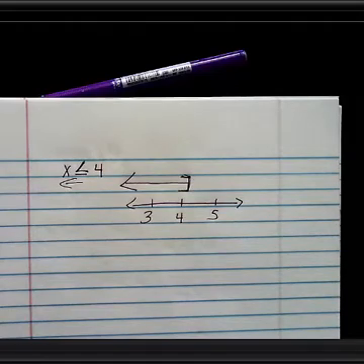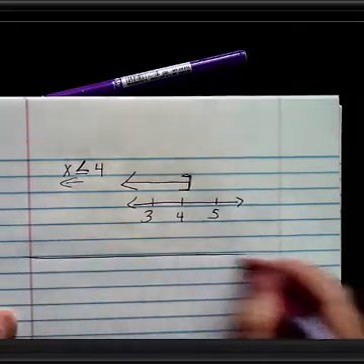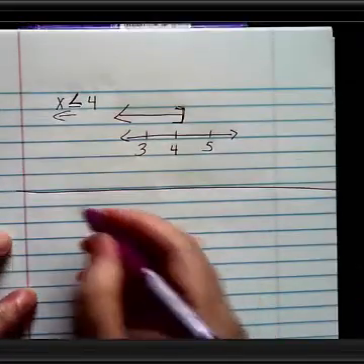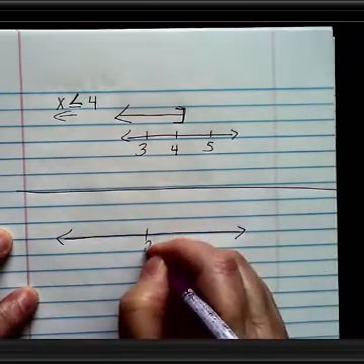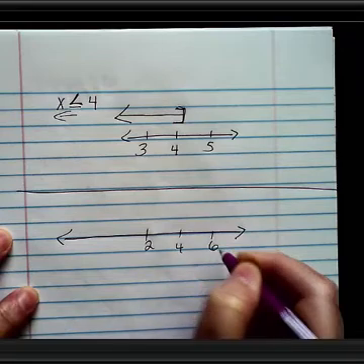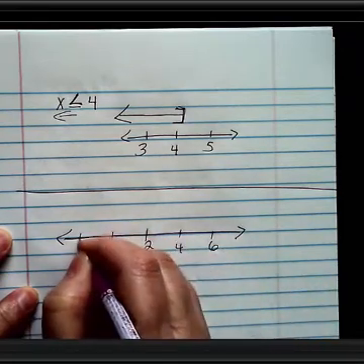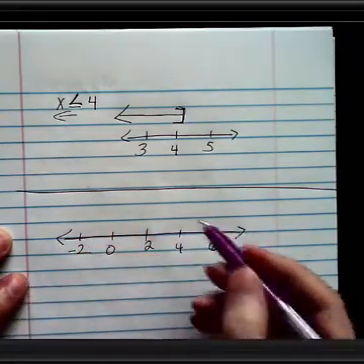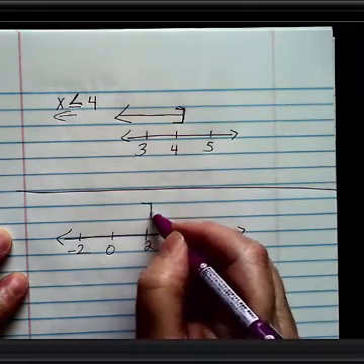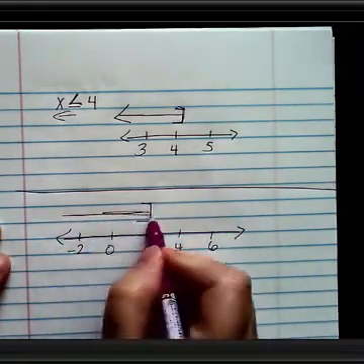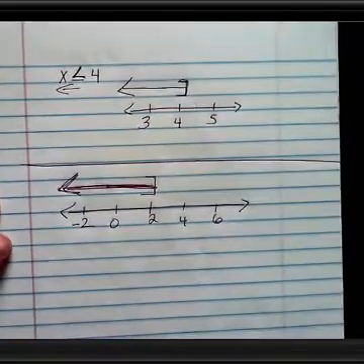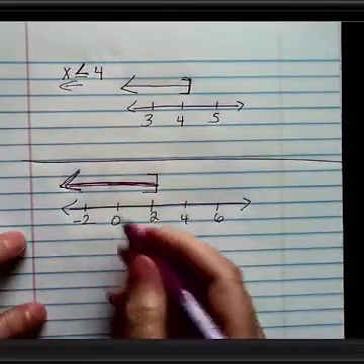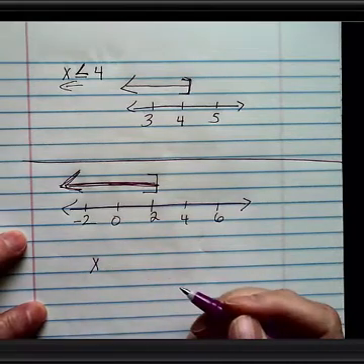So let's take a look at an actual number line, and I want to see if we can figure out what its graph is. So I want it to be here, going this way. So the easiest way to do that is, remember, you always have x first.